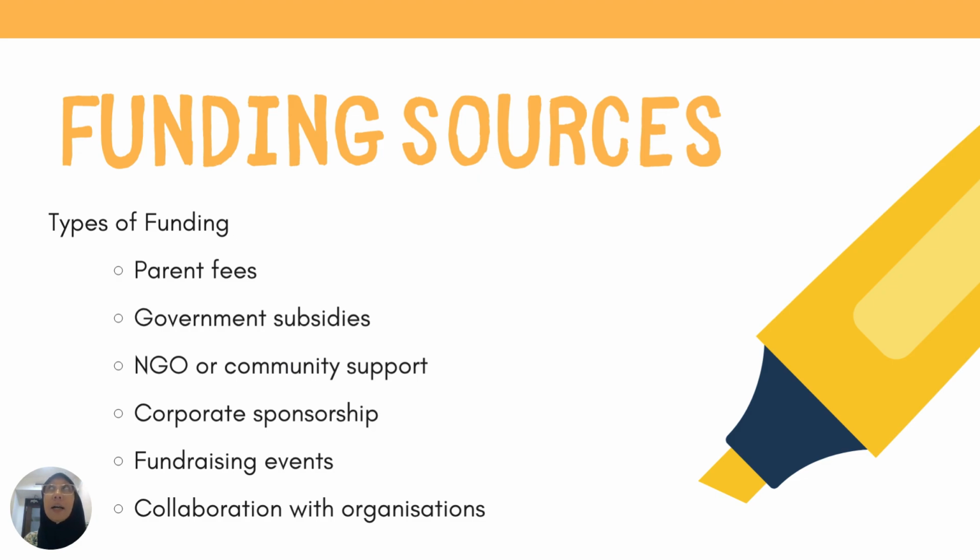There are private companies that give out charity or do charity work. They can sponsor funds to your company, or to a certain extent you can do a fundraising event as well. Or you can collaborate with another organization to raise a fund for your program.